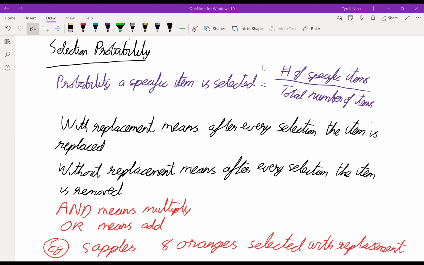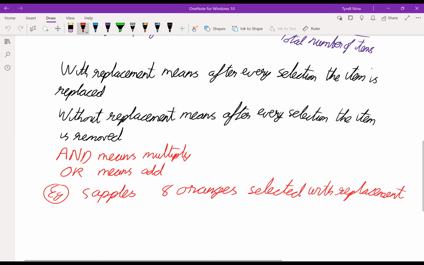So 5 apples, 8 oranges, selected with replacement.